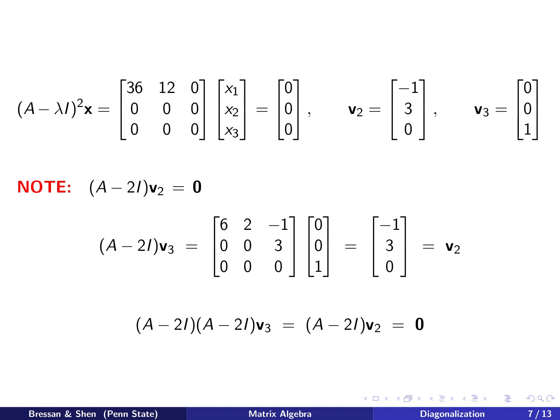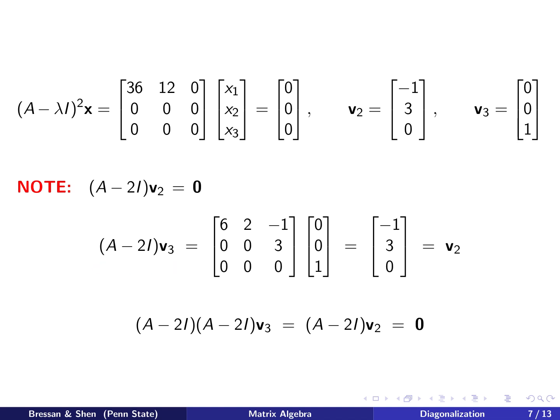So here we would like to point out some connections, some interesting properties. So first, the V2 here is the eigenvector. It's not the generalized one, it's even the regular one. So the regular eigenvector is also a generalized eigenvector. It satisfies this equation as well. And second, if we look at A minus 2I times V3, not with the square on this matrix here, what does that equal to?